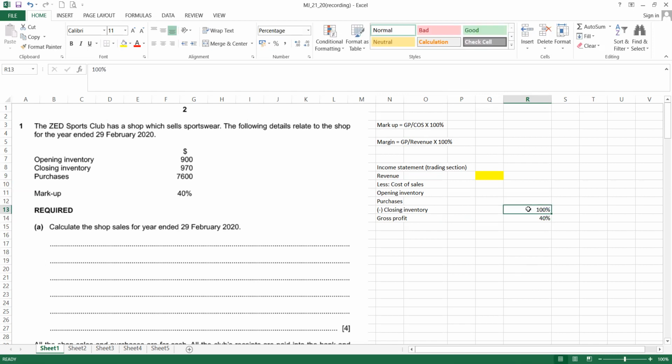Over cost of sales means that the cost of sales, the base, is 100%. So we put in the cost of sales information: opening 900, purchases is 7,600, and then closing 970. So the formula for the cost of sales is opening plus purchases minus closing inventory.